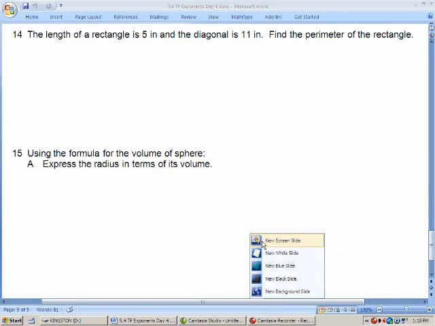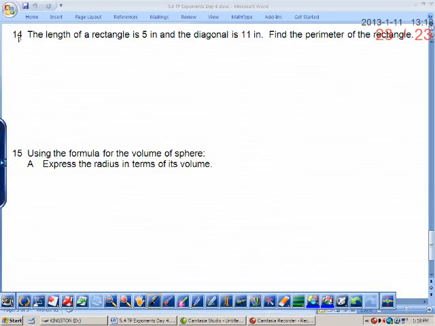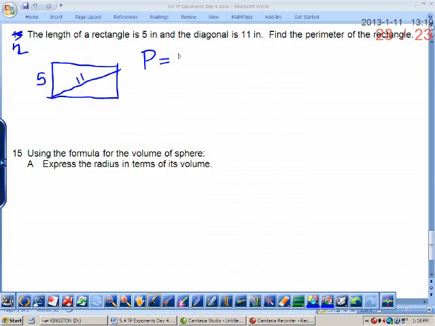We're skipping 11 and 12, so you can number this 11 if you want. Don't feel like you have to write all this. You can just draw the rectangle. So it's asking us for the perimeter.